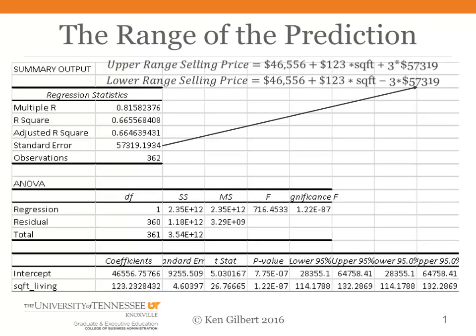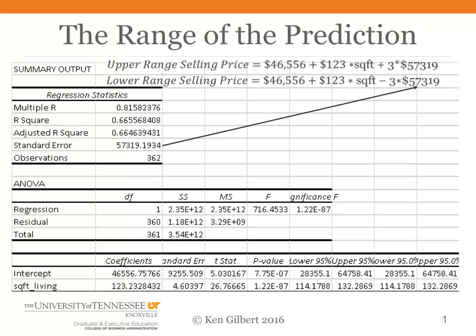So the two coefficients give us the prediction formula that we're going to use: $46,556 plus $123 times the number of square feet in the house. And then we have the standard error, which allows us to predict how much a typical house can vary around that prediction.